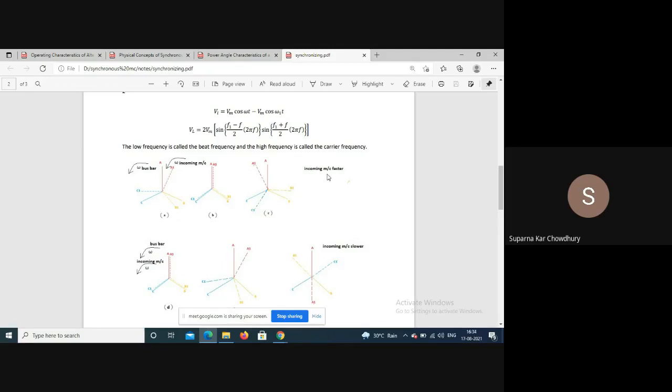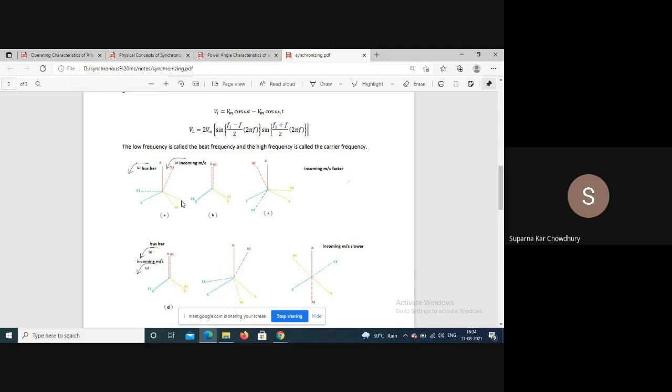As the incoming machine is faster, for the next instant the machine phasor will go ahead. Again the voltage across the lamp in phase A will start growing, and the voltage across the lamp connected between C and B1 has now increased, but this voltage is decreasing.